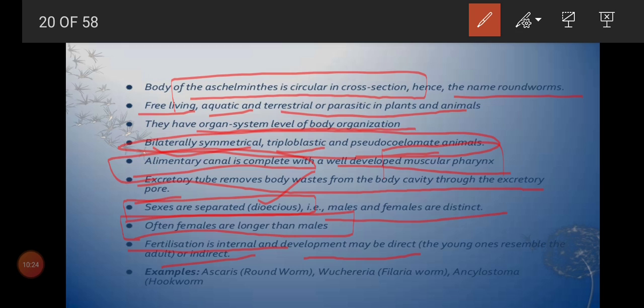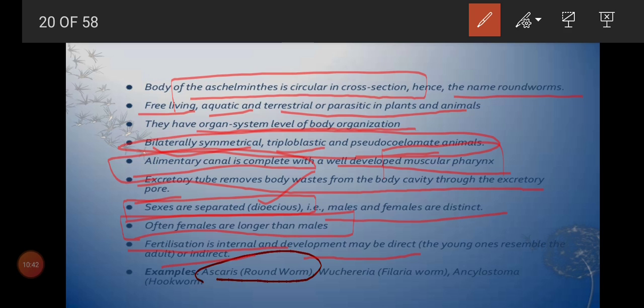So the characteristics you want to remember under aschelminthes: pseudocoelomate, and organ system a little bit advanced, muscular pharynx, dioecious, and both indirect and direct development. Okay, what are the common examples?